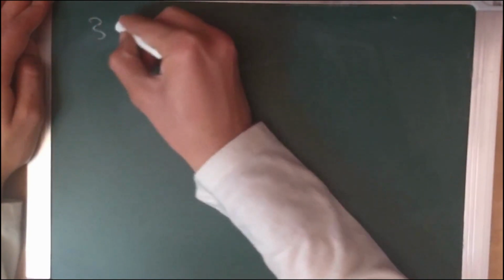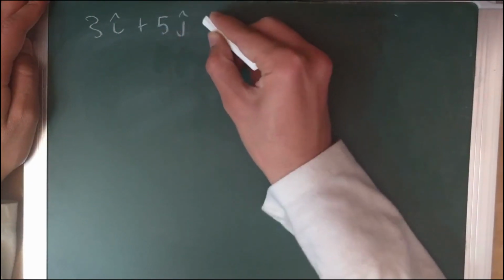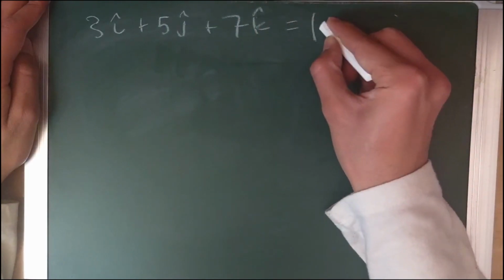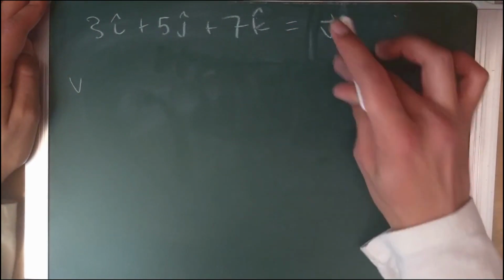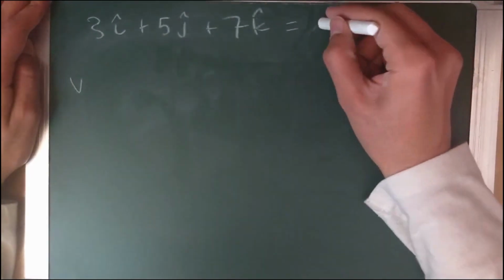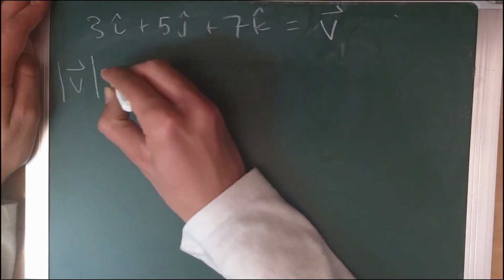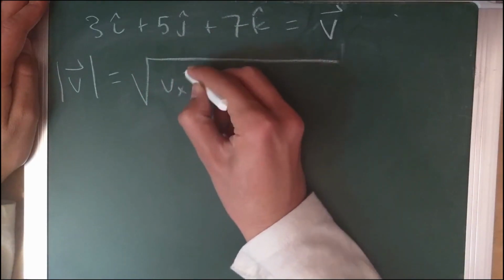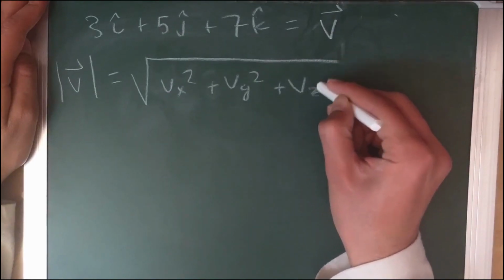Last example, just in 3 dimensions. So let's do 3i hat plus 5j hat plus 7k hat. That's equal to our vector v. And I'm going to write down that's not the magnitude, that's just the vector. And our formula for magnitude is that it's the square root of the x component squared plus the y component squared plus the z component squared.